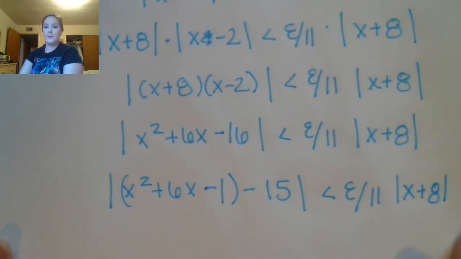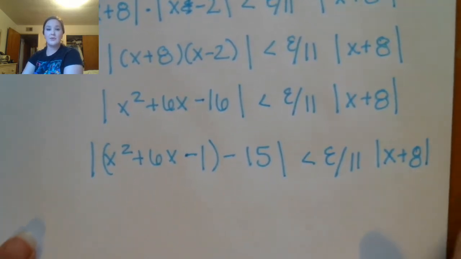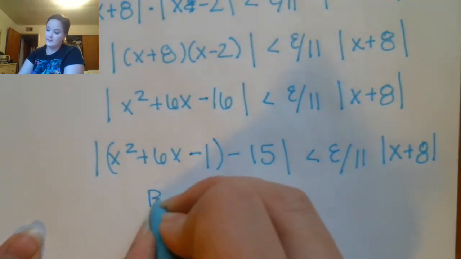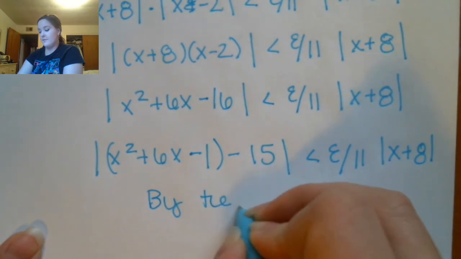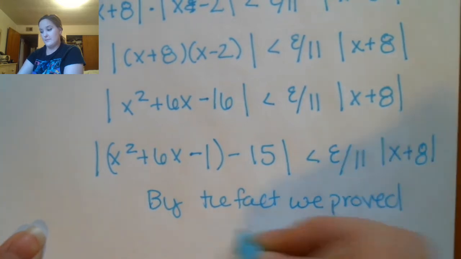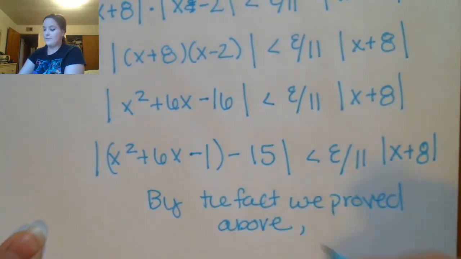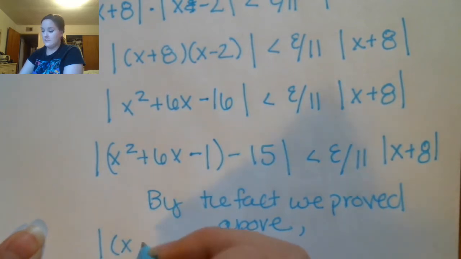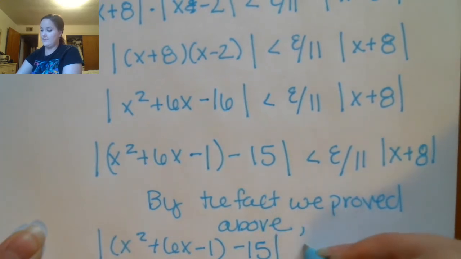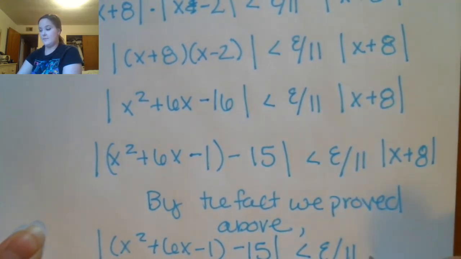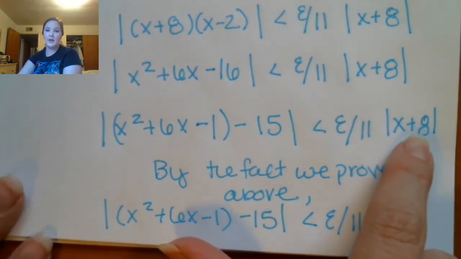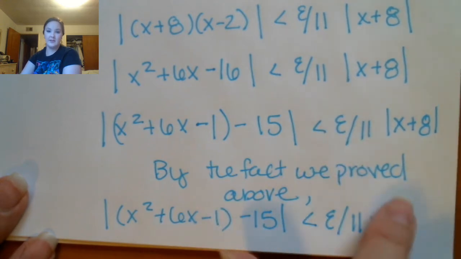Then I'm going to use the fact that we proved at the very beginning to say that this is less than 11. So because this is less than 11, this would be smaller than this thing.